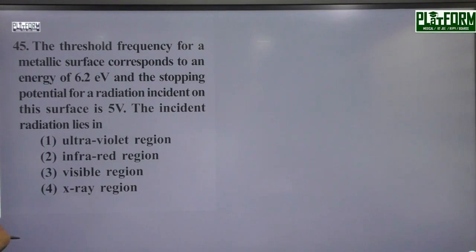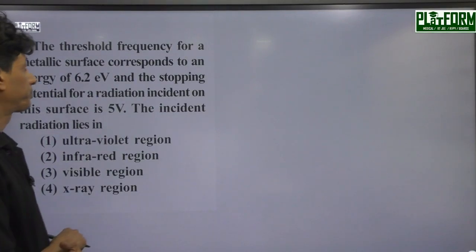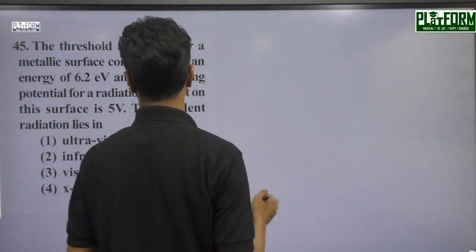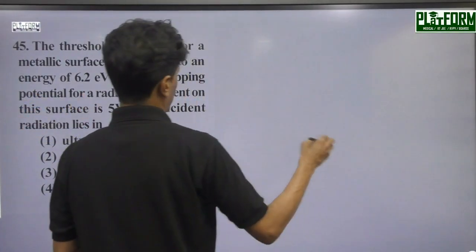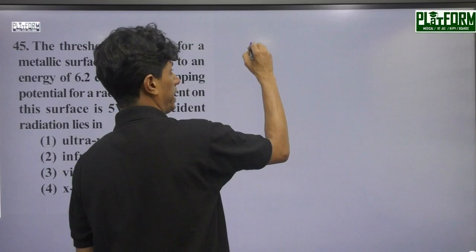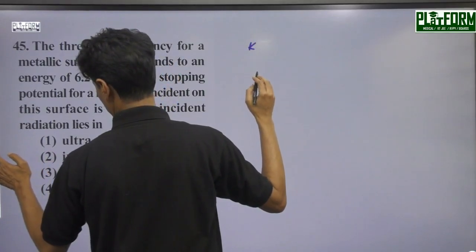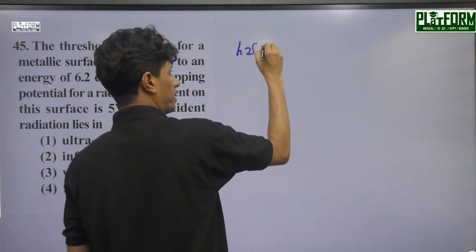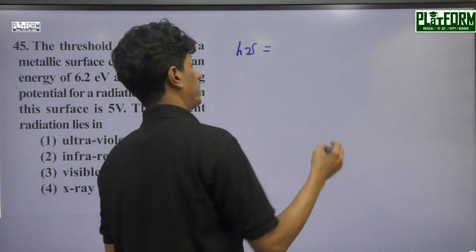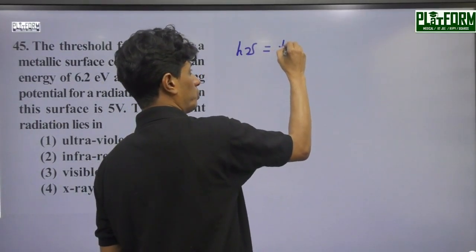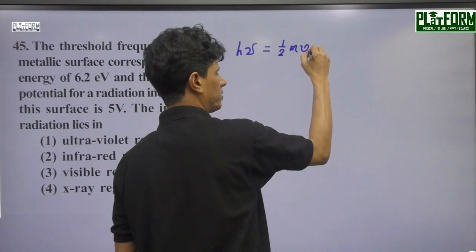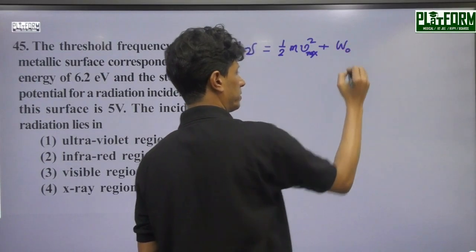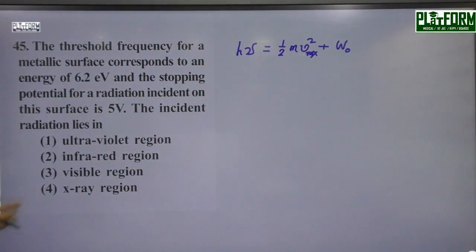The threshold frequency for a metallic surface corresponds to an energy of 6.2 eV. You know, the kinetic energy of the incident wave equals half m v max squared plus work function, which I have already told earlier.